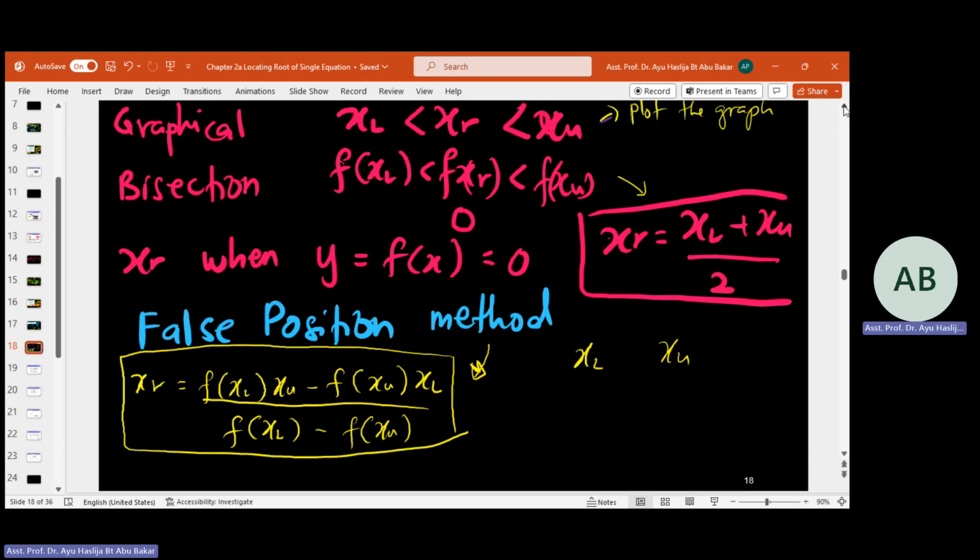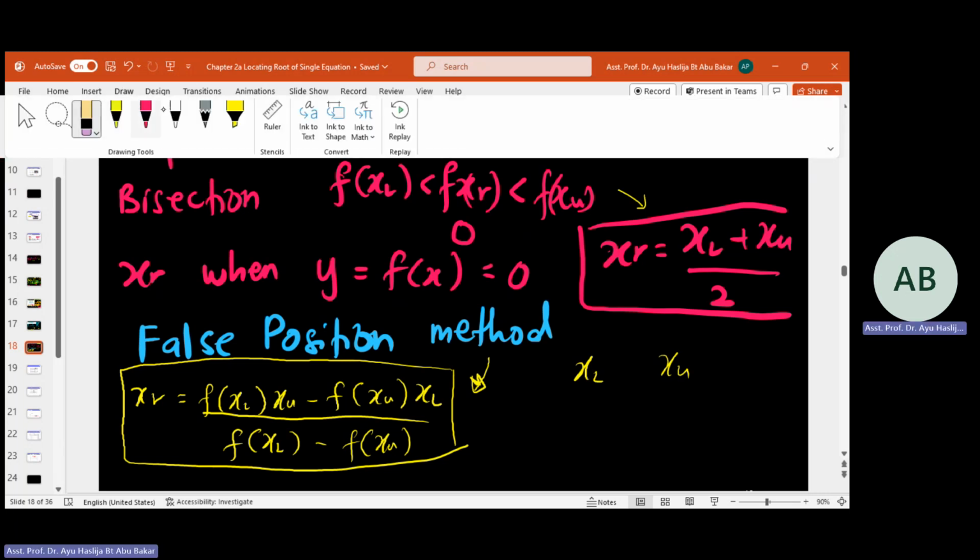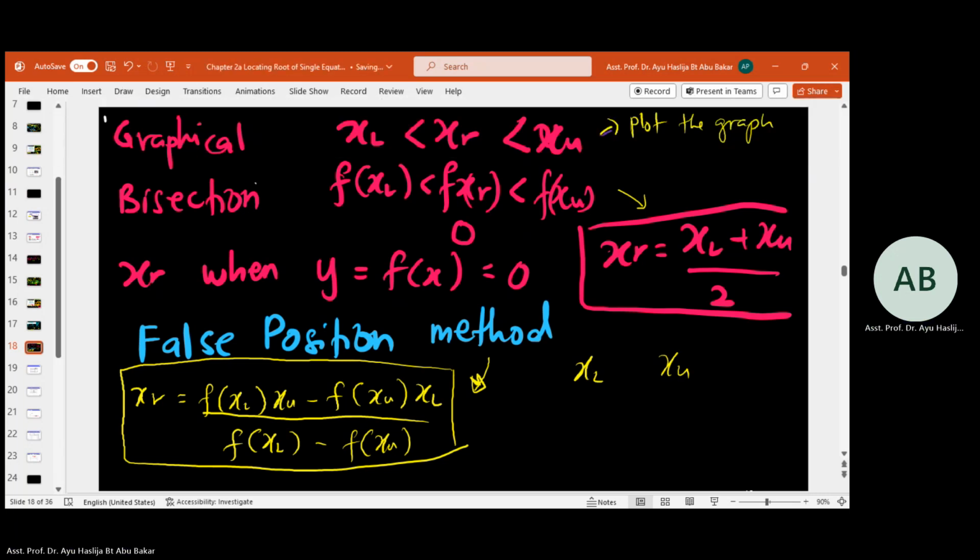Okay, just to conclude for chapter 2A, the bracket method. Last time we had done the graphical. Okay, this is the bracket method. Graphical, where we will have the range XL and XU, and here you will need to plot the graph.